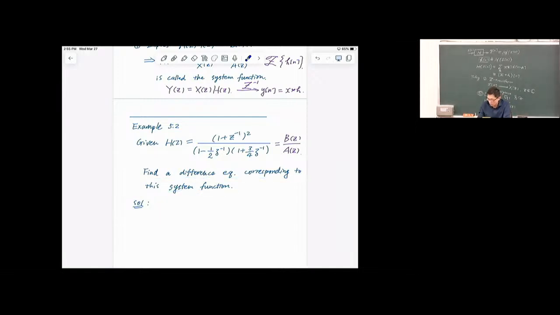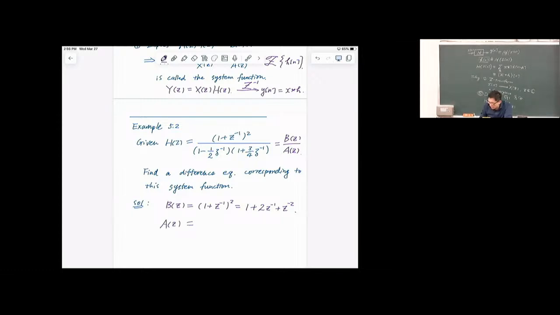So how do we solve it? We need to explicitly write down A of Z and B of Z. It's very simple. B of Z is 1 plus Z inverse squared, right? So you can work it out: 1 plus 2 Z inverse plus Z to the minus 2. And similarly, what is A of Z?